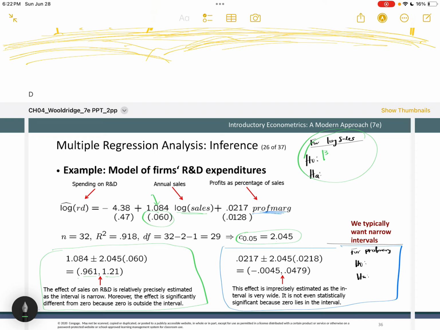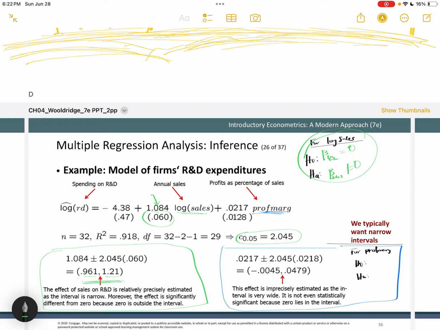Now, what is the null hypothesis and the alternative hypothesis that go with this? Well, beta on sales equal 0, and that beta on sales, log sales, not equal to 0. So is 0 in this interval that I have surrounded with green ink?